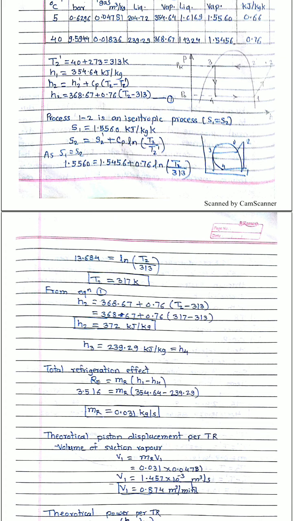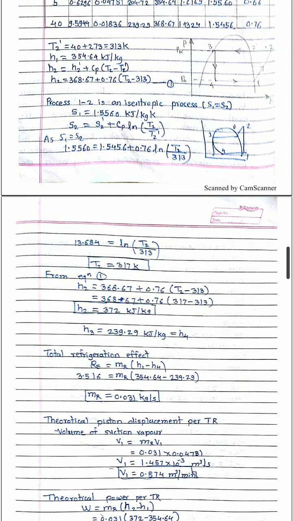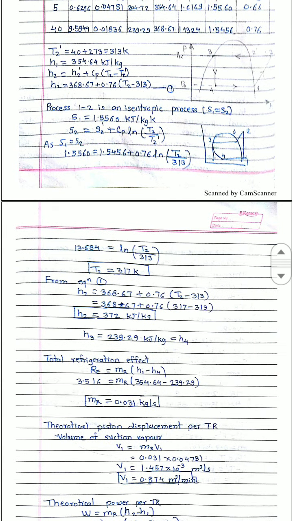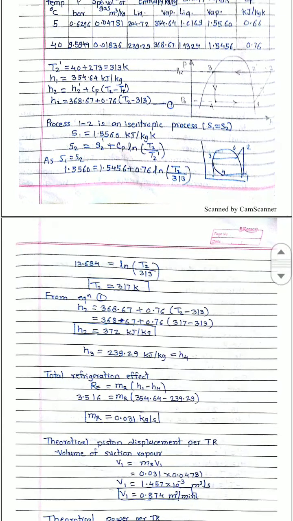So V1 is equal to mass flow rate 0.031 multiplied by 0.04781. If we take the multiplication, we get the volume equal to 1.457 into 10 raised to minus 3 meter cube per second.